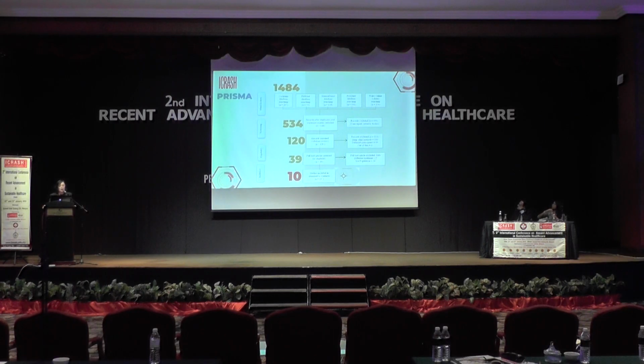For identification, I found 1,484 RCTs, randomized controlled trials, from 5 databases. After screening, I found 534, and after checking eligibility it became smaller, 120, and the included ones were 10 articles. I used the Joanna Briggs Institute critical appraisal tools.